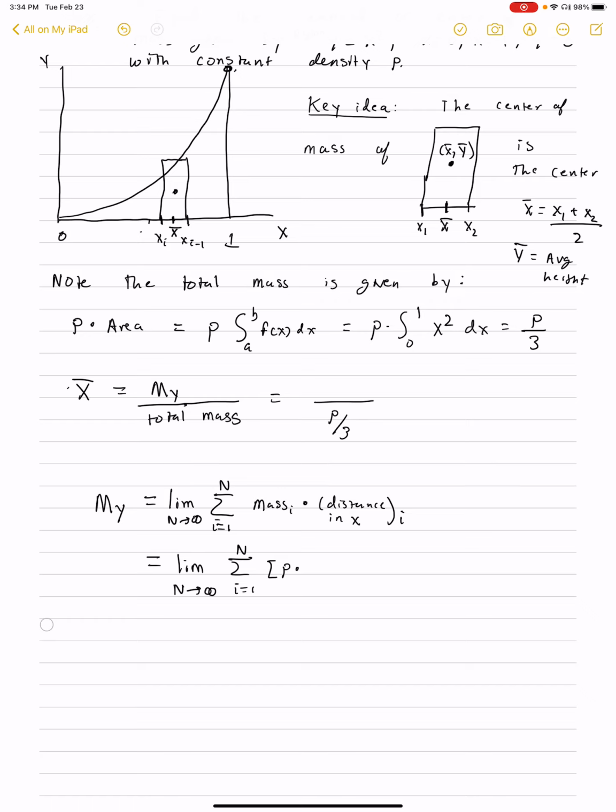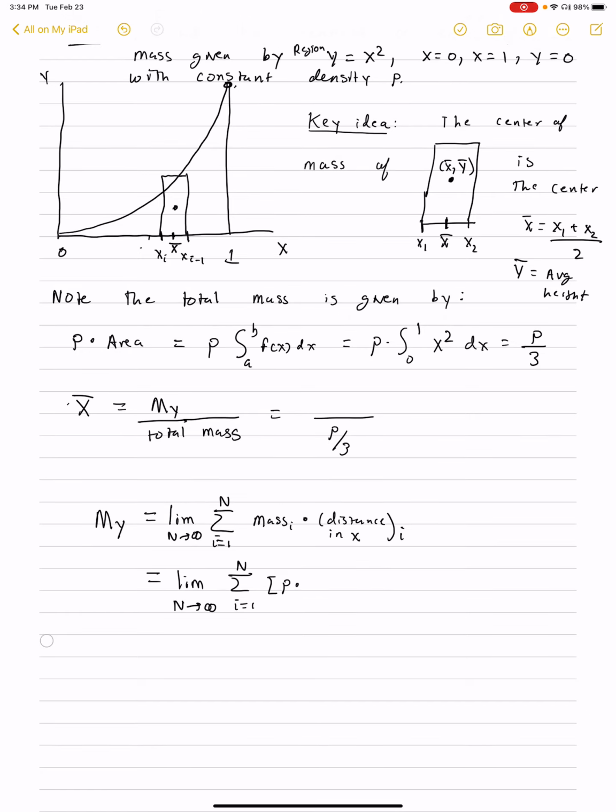Keep in mind that this height is given by f of x bar, so the coordinates of this point in the middle are x bar and f of x bar over 2.